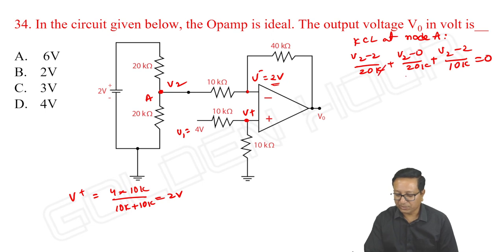So kilo cancel. V2 by 20, V2 by 20, it is V2 by 10, V2 by 10 plus V2 by 10, V2 by 5. So V2 by 5 is equal to 2 by 20 minus 2 by 10.